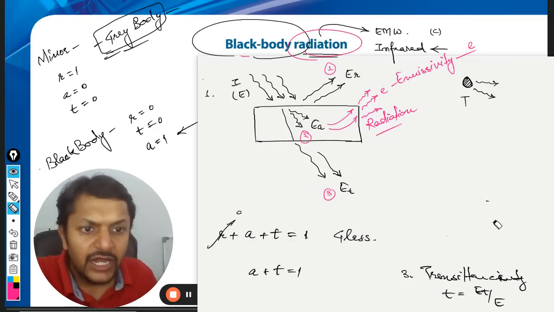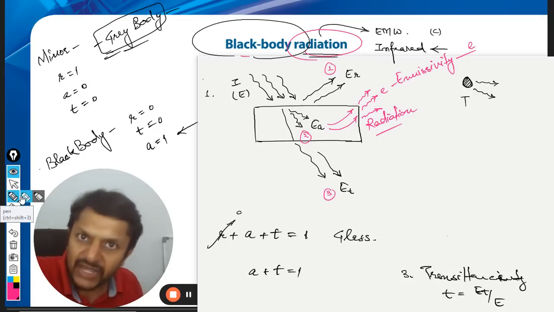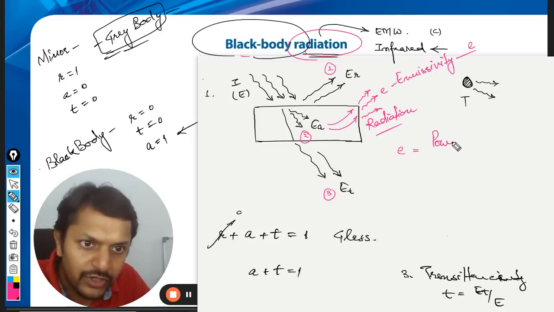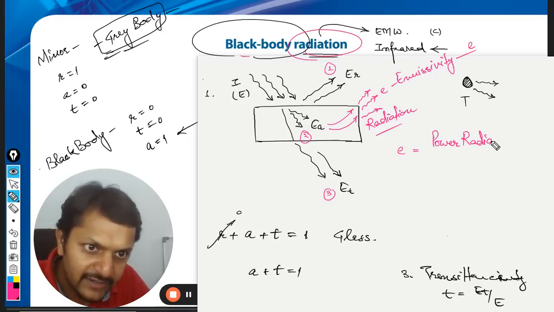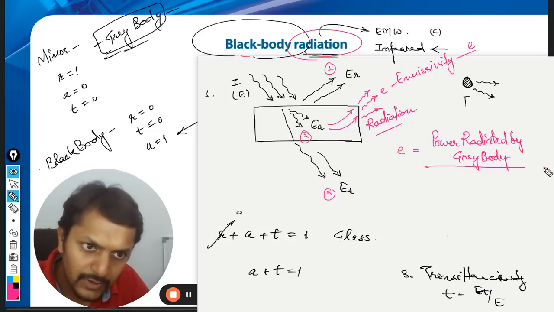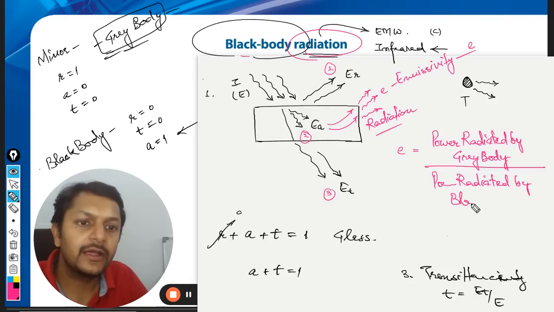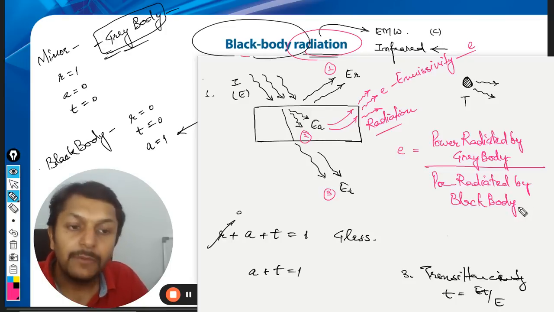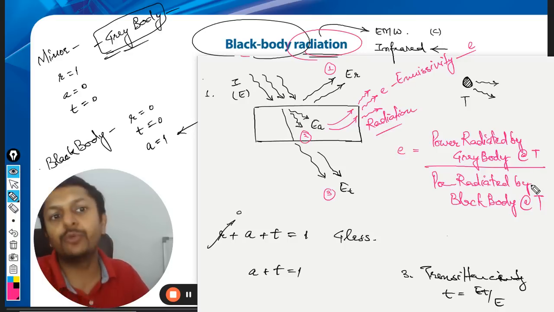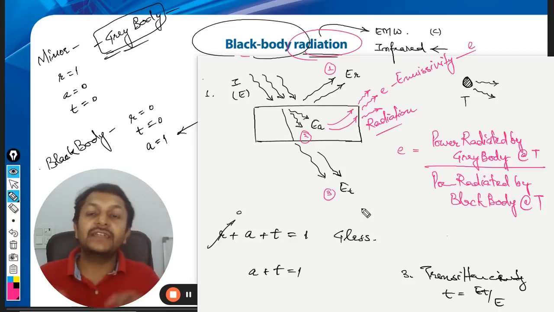What is emissivity? Now there are two bodies that we are going to compare with the help of this factor, which is emissivity. It is the power radiated by the gray body that you're talking about, divided by the power radiated by the black body at temperature T. So both of them are radiating power at the same temperature.